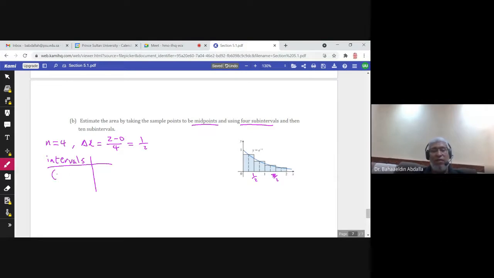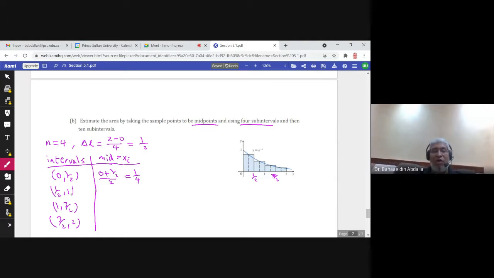The first interval is from 0 to half, the second from half to 1, the third from 1 to 3 over 2, and then from 3 over 2 to 2. Now, what is the midpoint, or in fact, what is xi? The mid number between 0 and half is 0 plus half over 2. That's the way you find the mid number. So it's 1 over 4.